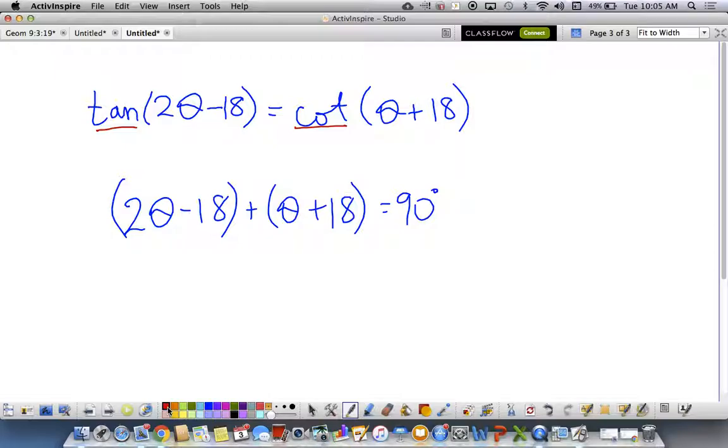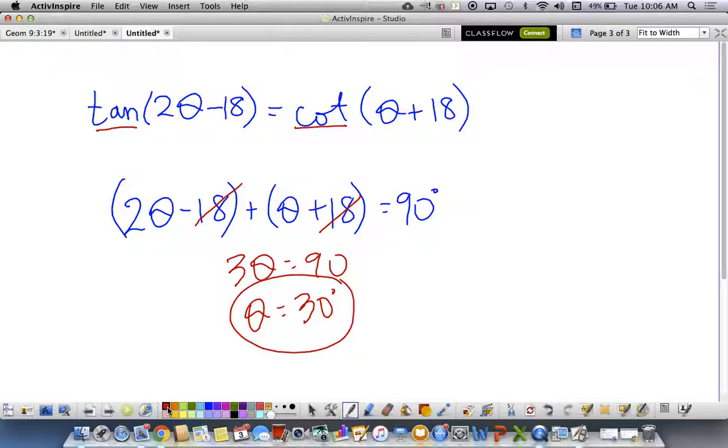Did you get theta equals 90? Sorry, theta equals 30. So you subtract and add, so you have 3 theta equals 90. Theta equals 30 degrees. See, Miss Evans, it's dumb mistakes like this.